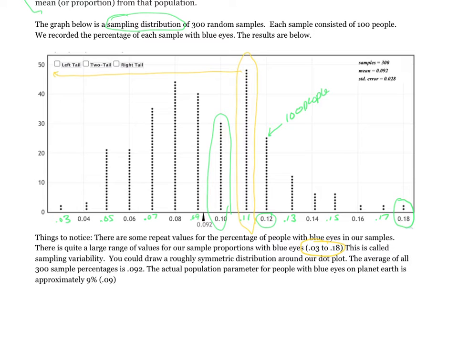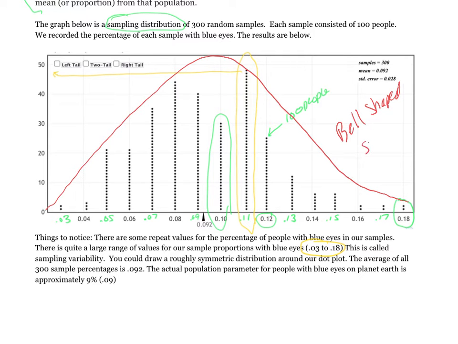If you look carefully, I could draw a distribution around this kind of loosely, and you can see that it ends up being pretty bell-shaped, and pretty symmetric. That's one thing we're going to find out about sampling distributions: if we do them right and take big enough samples, they do end up being pretty bell-shaped.